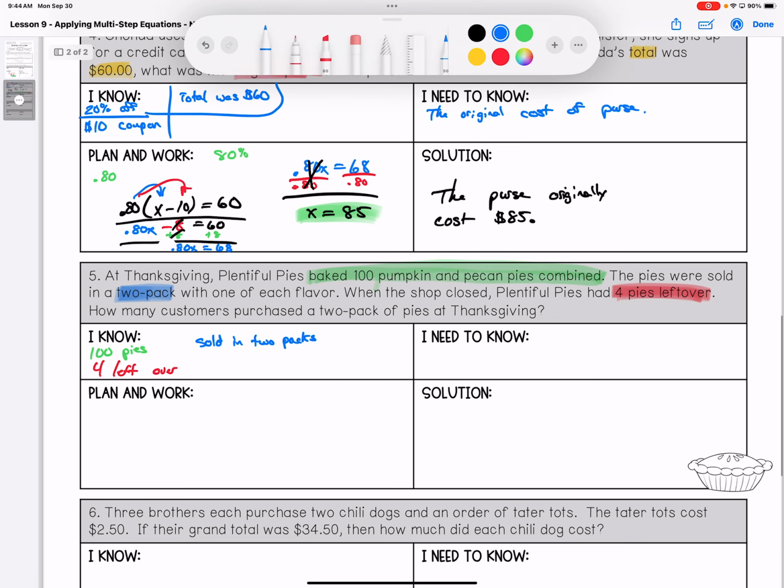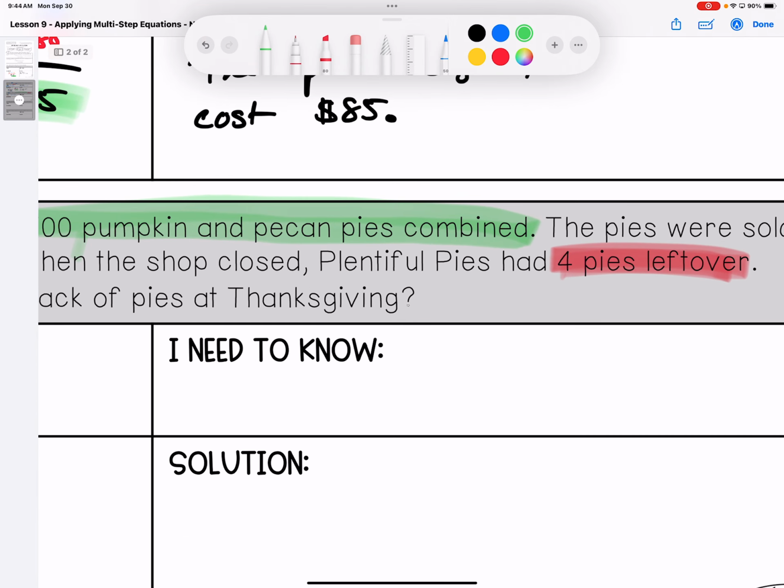So that's the things we know. What do we want to know? We want to know how many customers purchased 2-packs of pies, because they sold 2-packs.